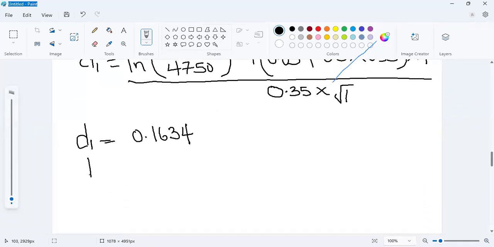Our D2 is equal to D1 minus volatility square root of T.